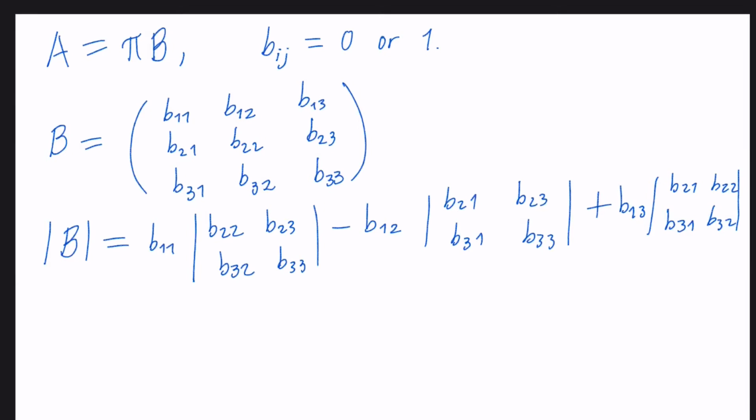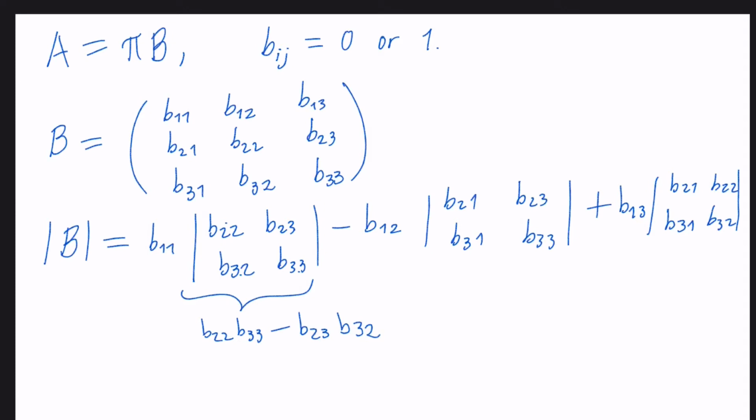Here, given that the Bij can be 0 or 1, the determinant of a 2 by 2 matrix of this form cannot be bigger than 2. What is the reason why it cannot be bigger than 2? Because these terms can be only 1 or 0, for example B22 B33 minus B23 B32.